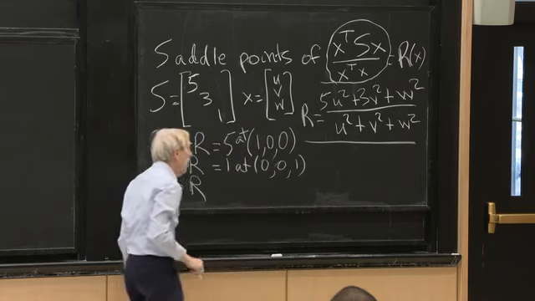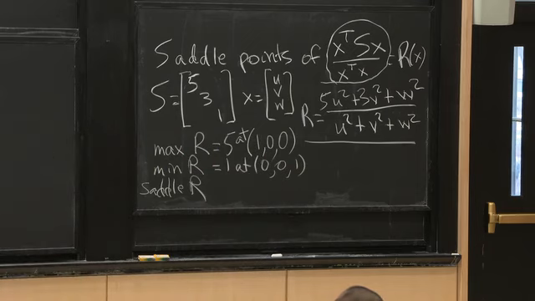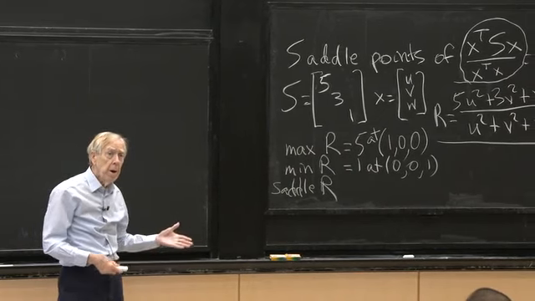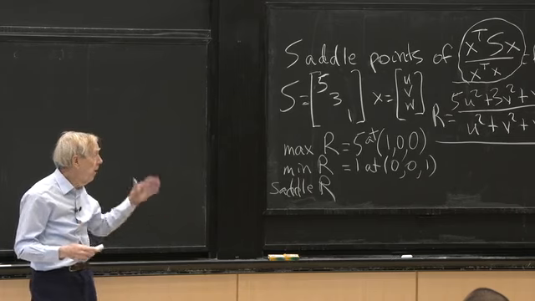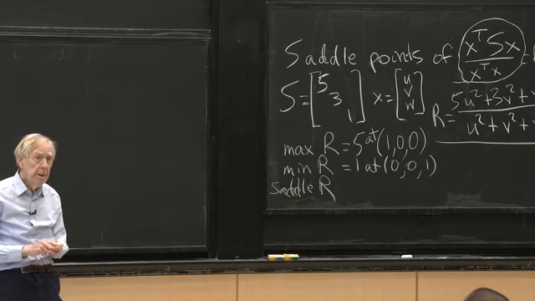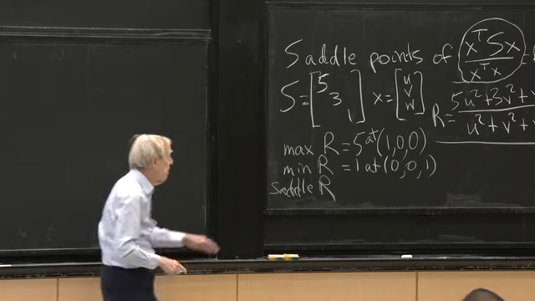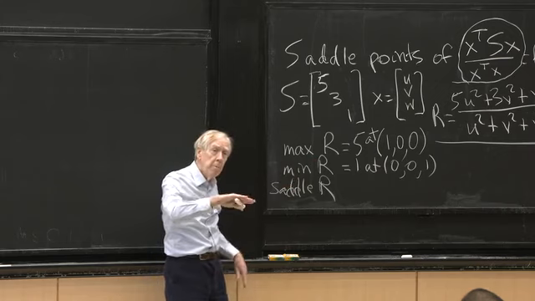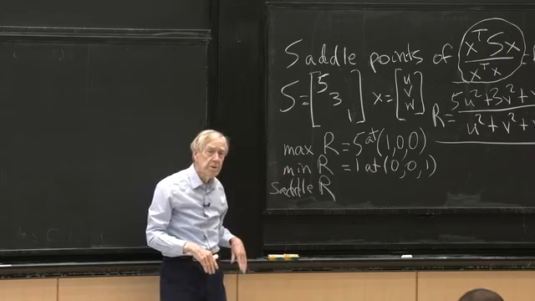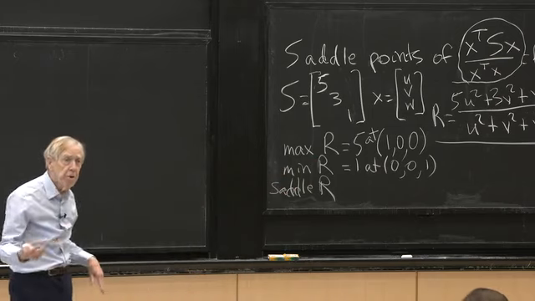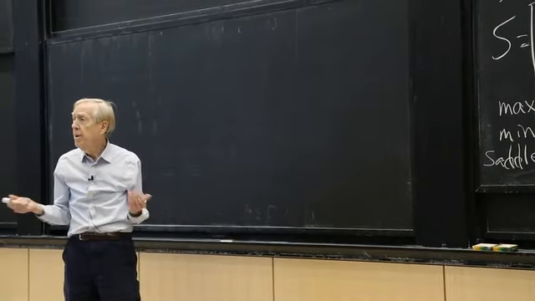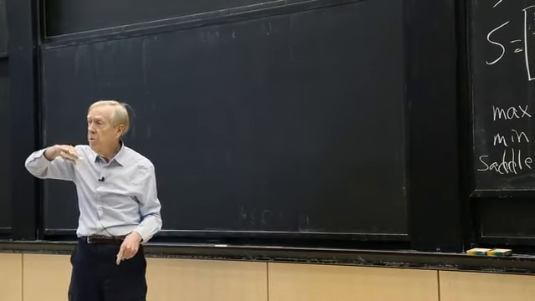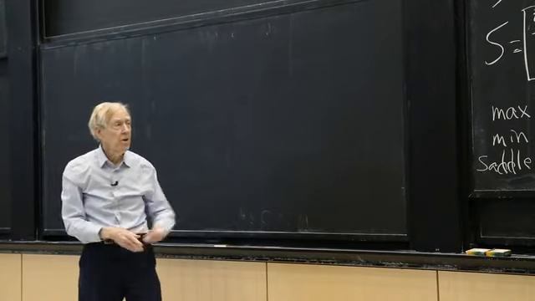I've loaded everything there. And then the point of this short discussion is, is there another place where the first derivatives of R are all 0? Of course, the first derivatives are 0 at the max and at the min, but we have 3 variables here, and we're going to find a third point. And what is that point? You probably guess. And what will be the saddle value? So you have to see some kind of a surface.